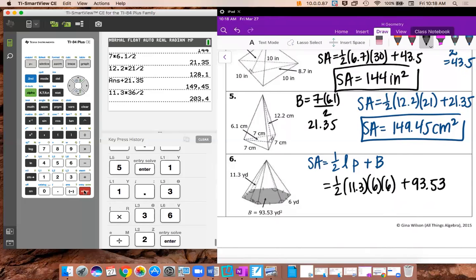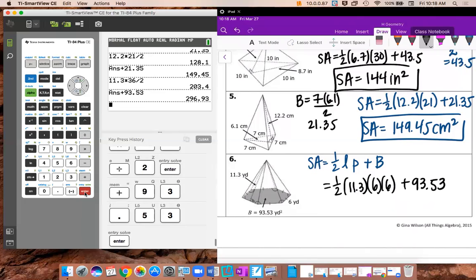And then we got 203.4, and then we're gonna add to that 93.53. So then that gives us our total surface area for this one is gonna be 296.93 yards squared.